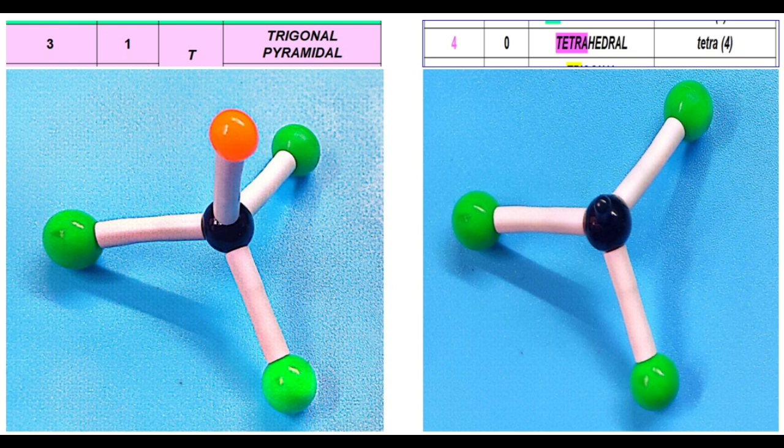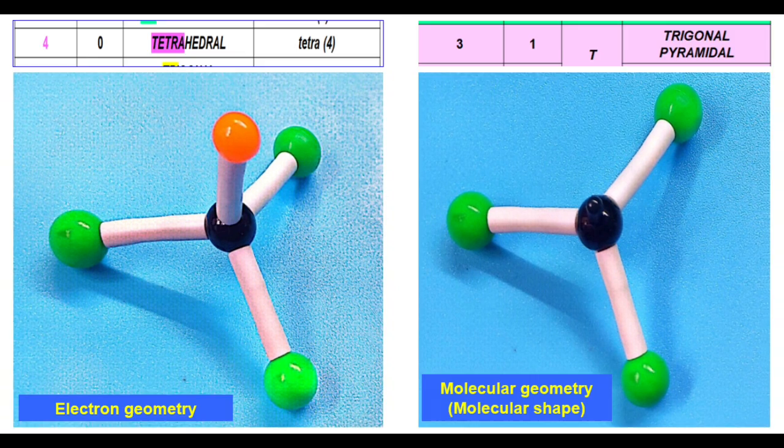So when we are talking about molecular geometry, we consider only the atoms bonded to it, and we don't see the electron pairs. If we want to talk about electronic geometry, we also consider the lone pair, so it will be tetrahedral. Electron geometry will be tetrahedral, while molecular geometry will be trigonal pyramidal.